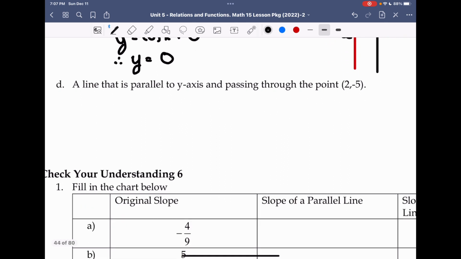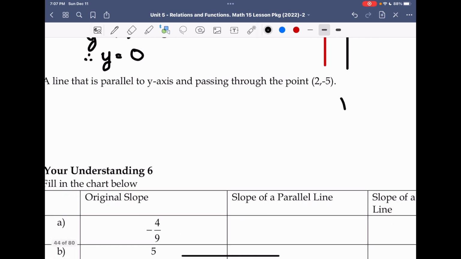Finally, we have a line that is parallel to the y-axis, passing through the point 2, negative 5. Yet again, I think it's always a good idea to visualize these things if possible. So I'm just going to draw a Cartesian plane where we have x and y labeled. I'm going to do a point of 2 and negative 5, which would put us roughly around here.